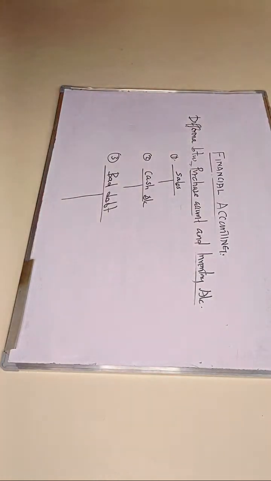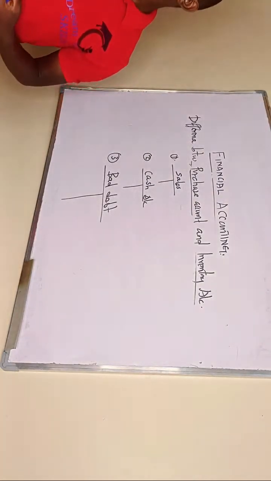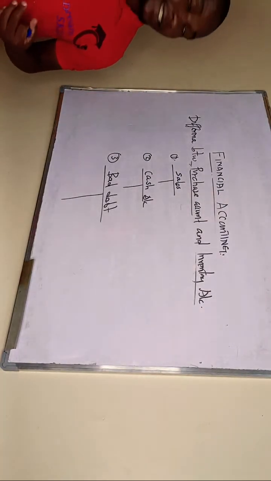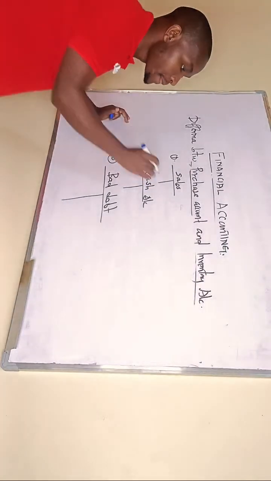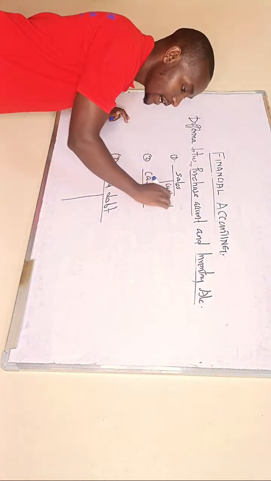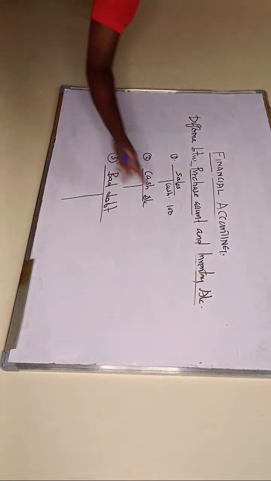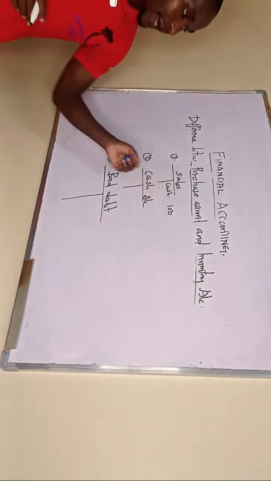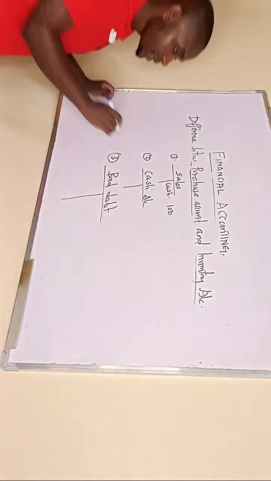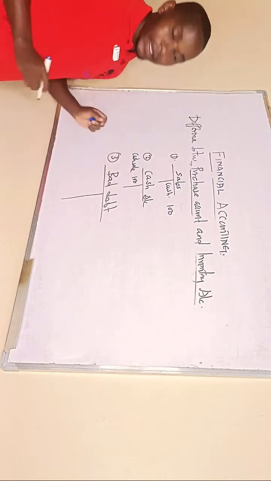So sales always have a credit balance. Maybe you have made cash sales of 100 shillings. For this 100 shillings, you credit the sales account and debit the cash account. So I will come here and say cash sales 100.